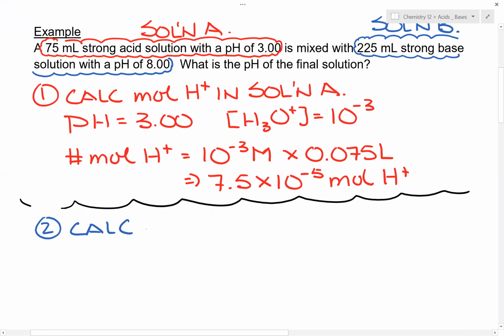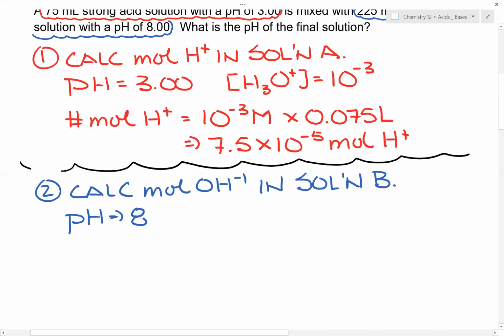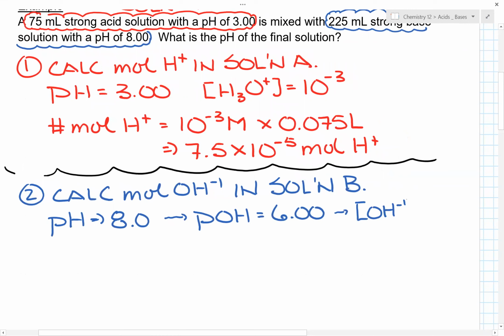But since it is a base, we have to calculate the moles of OH-, so we have to convert the pH into pOH. So pH of 8.0 converts to pOH of 6.00, and the concentration of OH- is equal to 10 to the negative 6.